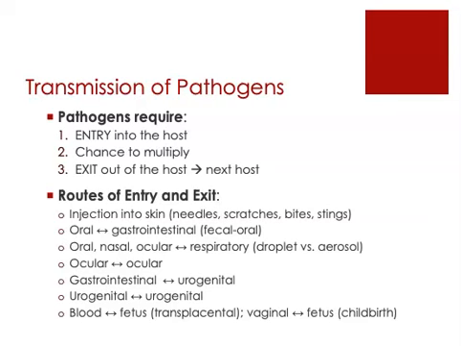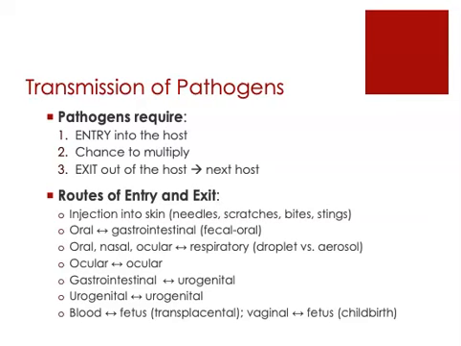So the fecal oral type of transmission of pathogens is actually quite common, and that's because there are a lot of gastrointestinal pathogens. Now, we said that sometimes the mouth can serve as a route into the respiratory tract.